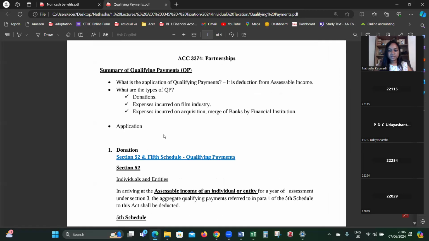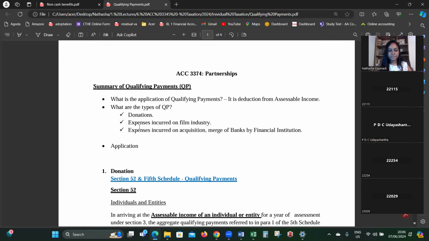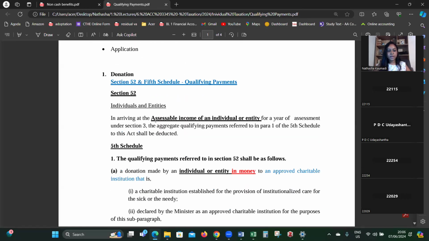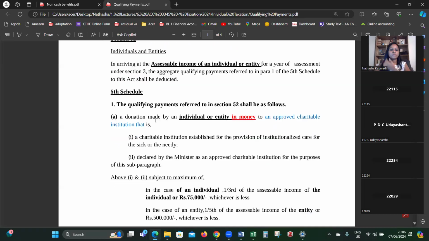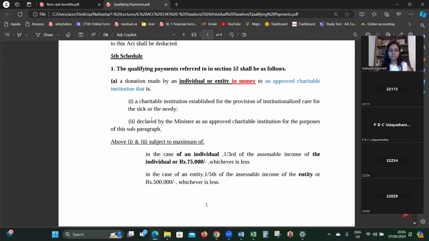Now, this is the PDF we have shared with you. This I explained for qualifying payments. So as you can see, there is part A, it says donations made by an individual or entity in money to an approved charity, approved charitable institution.